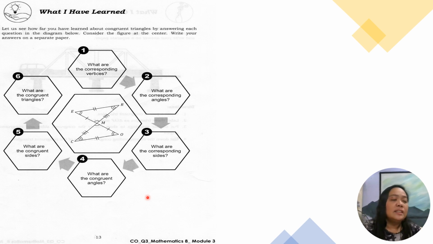Let us see if you have gained some knowledge from that lesson. Okay? Answer questions numbers 1 to 6 according to the illustration at the center. Now you may begin.